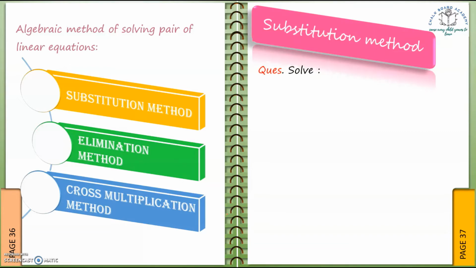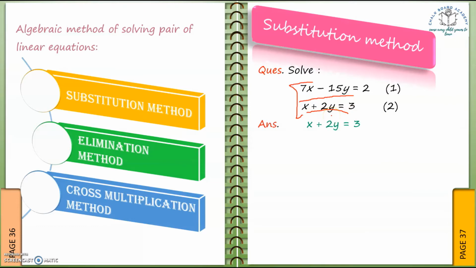In this method, instead of understanding theoretically, I am taking this example to make it clear properly. So here I have taken two equations: the first one is 7x minus 15y is equal to 2, and the second one is x plus 2y is equal to 3. Out of these two, we can take values of x and y from any of these equations. So I am taking equation 2 because you can see that in equation 2, it's easy to find out the value of x.